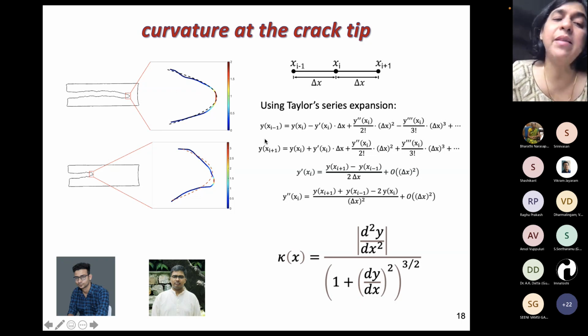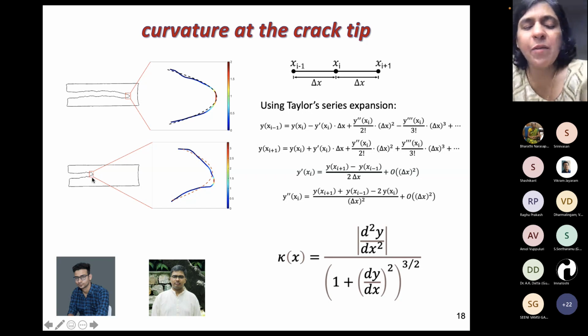So a common method to calculate curvatures is by using a parabolic method, which is shown in this dotted line. But the parabolic method might work in some cases, like here, it's not so bad. But if we are looking at what is happening at the tip, this parabolic method is really very poor for these kind of sharp cracks which happen ahead of the crack tip. So we needed to come up with a better method.